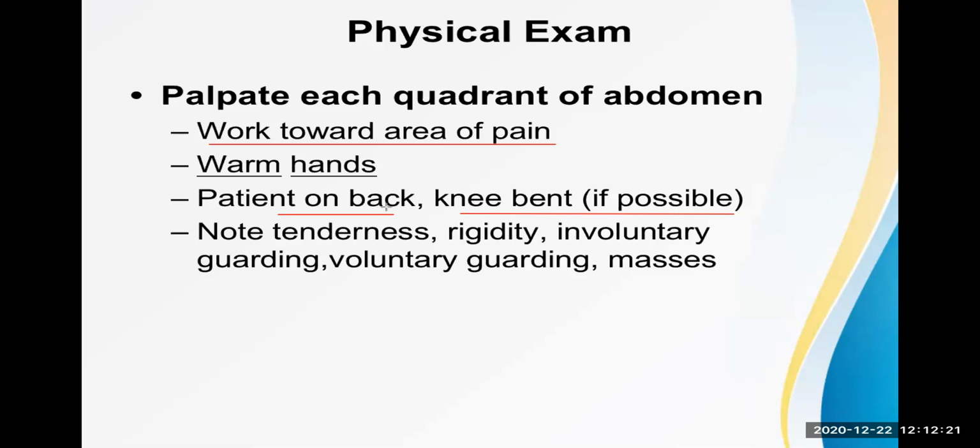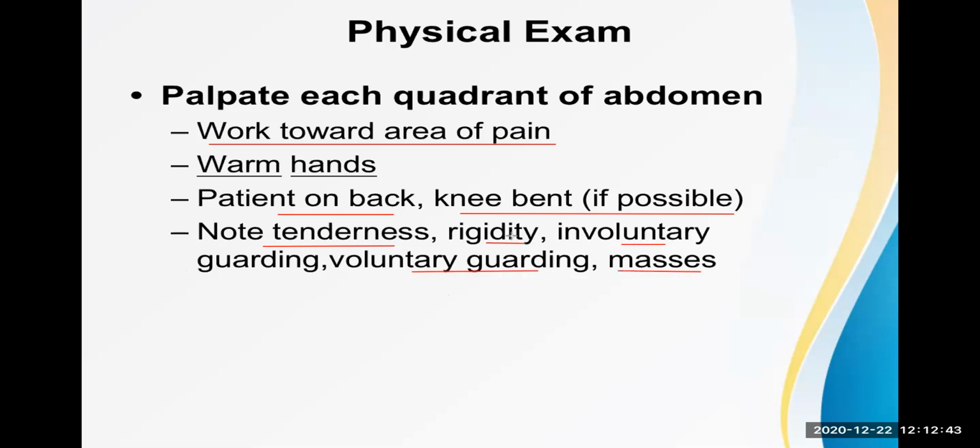If the knees are straight, there is contraction of the anterior abdominal wall muscles, so I cannot palpate easily inside. That is the reason. Note tenderness, rigidity, involuntary guarding, voluntary guarding, and different masses.